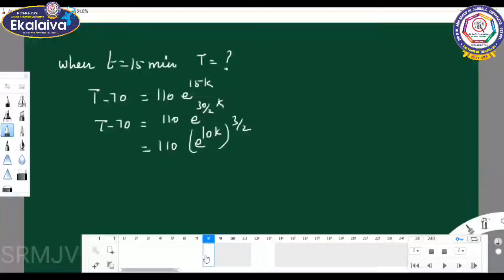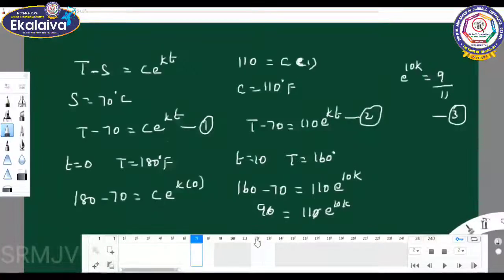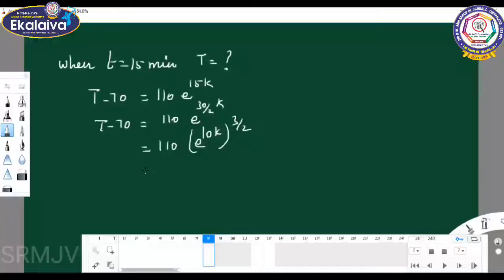What is the value of e power 10k? 9 by 11. So 110 into (9 by 11) whole power 3 by 2, from equation 3. You can do it in your calculator.